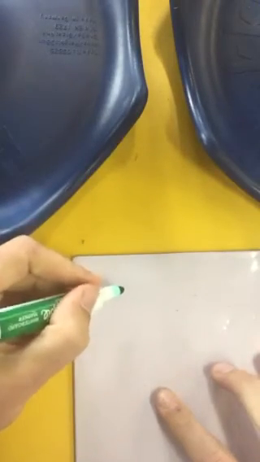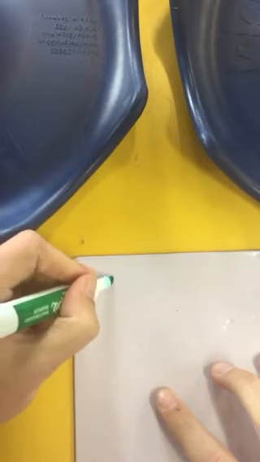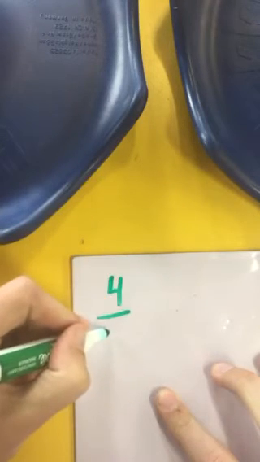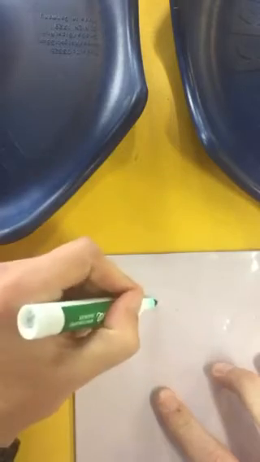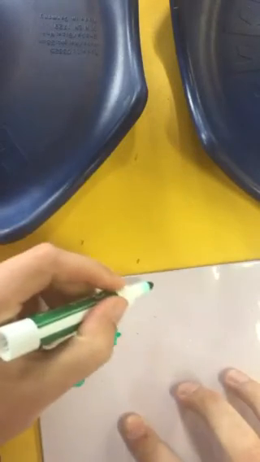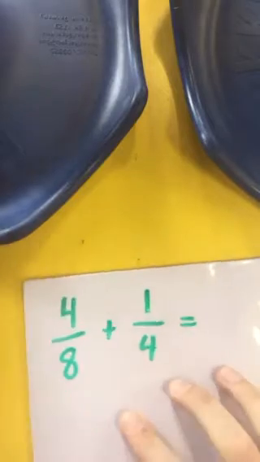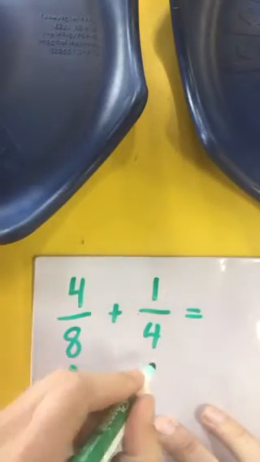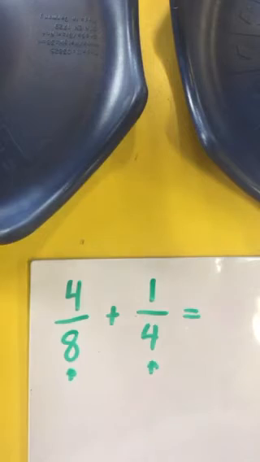Hello, good morning. We are going to look at adding and subtracting fractions that have different denominators. So this here is an example of two fractions that don't have the same denominators.